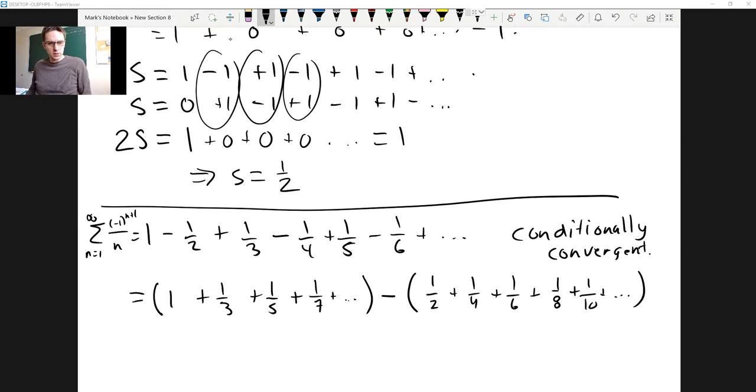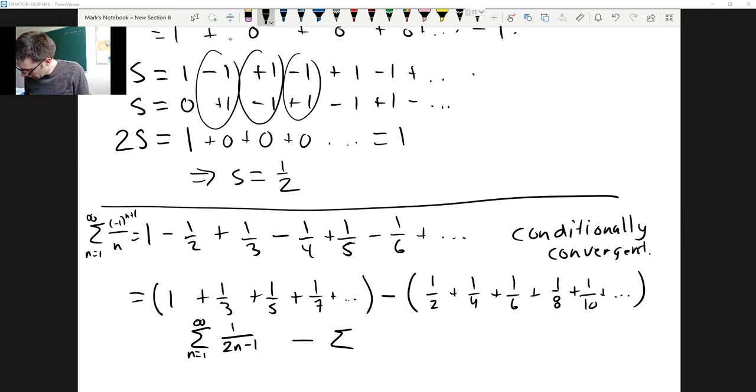But if we were able to do that, you'd notice that when you look at the odd terms, we could write this as the sum of 1 over, if you want to get only the odd denominators, 2n minus 1. You'll see that that actually works. So you can plug in 1, you'll get 1 over 2 minus 1, so 1 over 1. If you plug in 2, you'll get 1 over 2 times 2 minus 1, which is 3. And so that will take into account all of those.